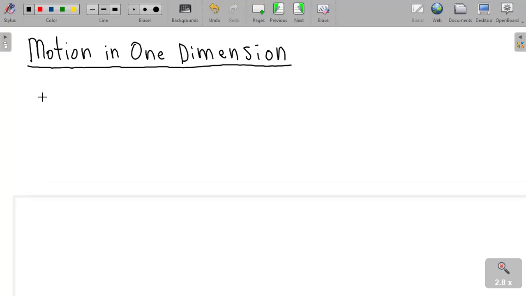Okay. So, we can start by defining what is motion in one dimension.